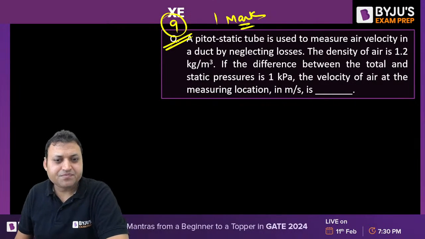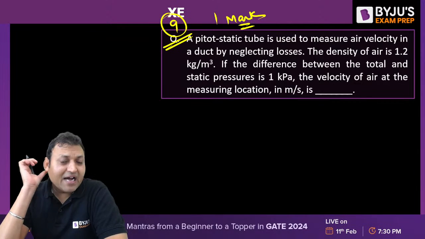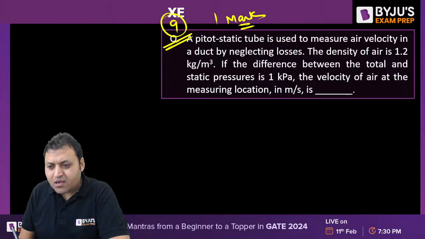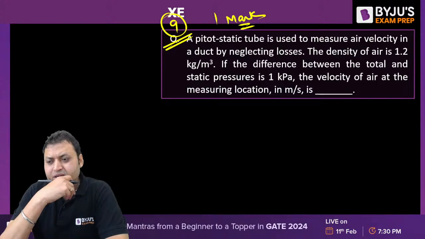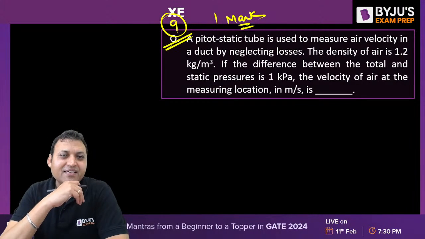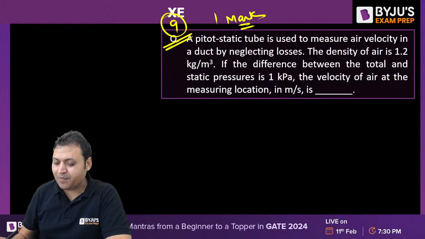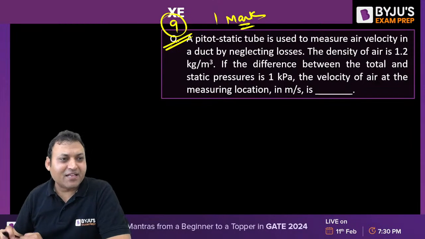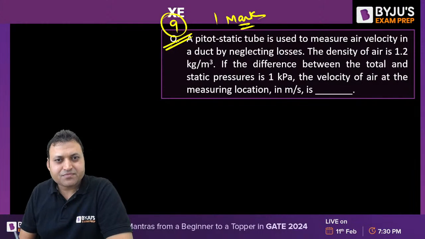Yes, Vijay, there is a chance you can get an NIT thermal seat through the GATE PI paper. You need to check which of the NITs will allow a GATE PI score for their thermal branch.